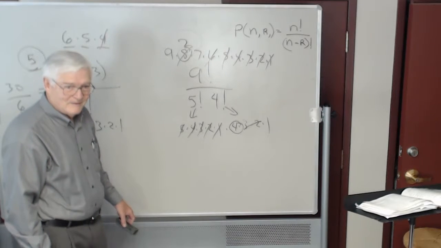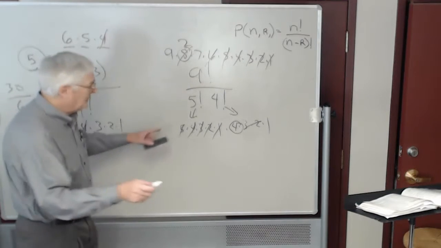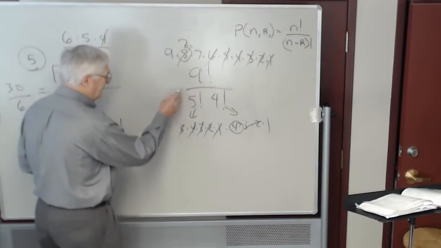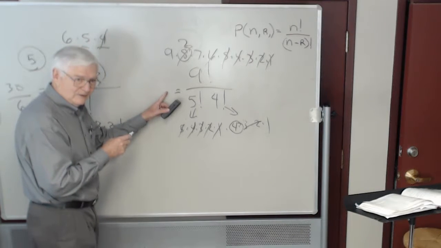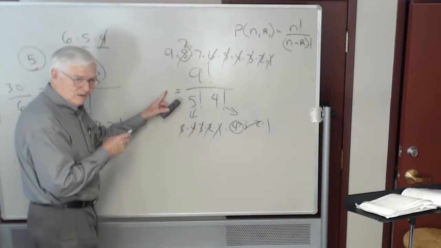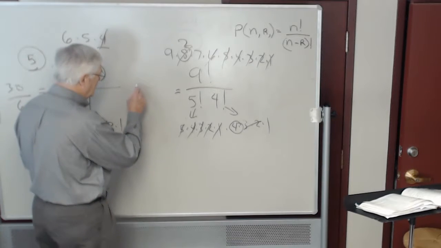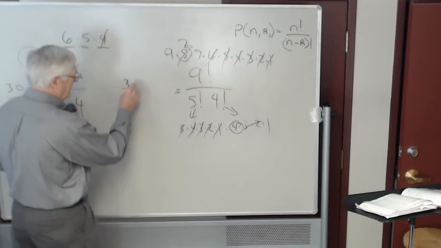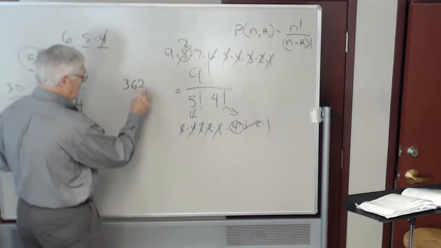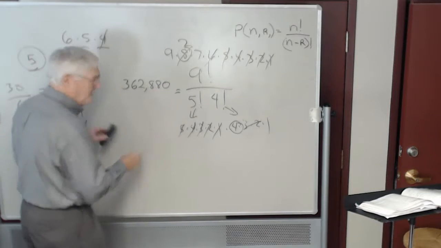That was more complicated than it needed to be. So you're just going to take your phone and go 9 factorial. What do you get? What's 9 factorial? 362,880.